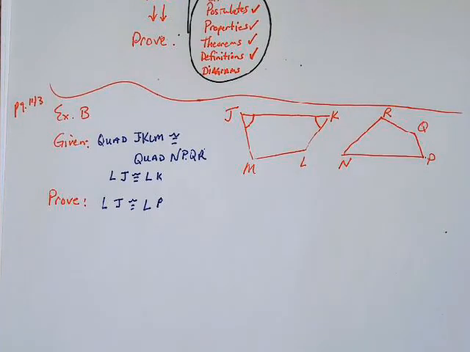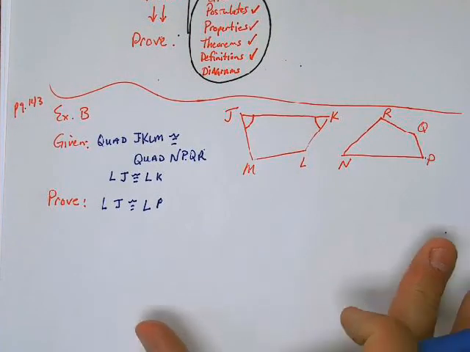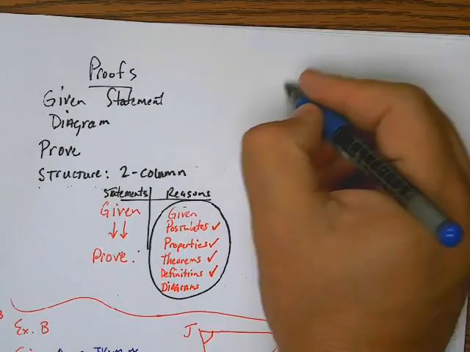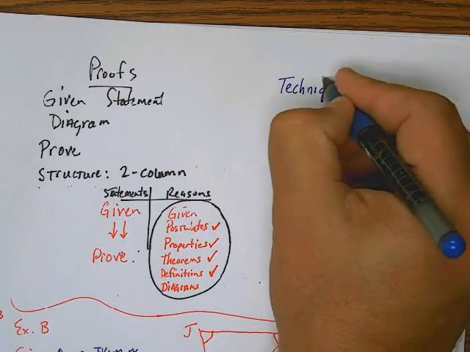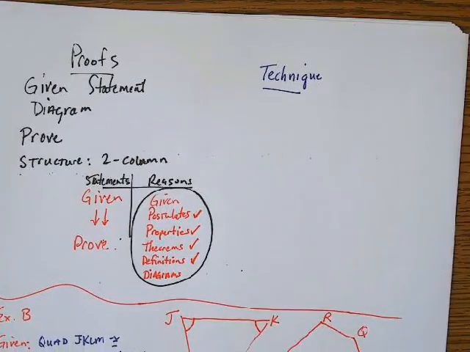Okay, so back to your notes. All right? So in your paper, not in your book. Back to your notes. Here's a technique. Guys, I've taught geometry for 15 years. There's no one way to do a proof. I'm going to teach you a few different approaches, and you're going to use them all in order to try and do the proofs.